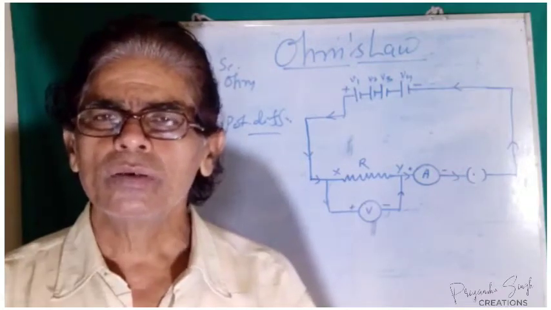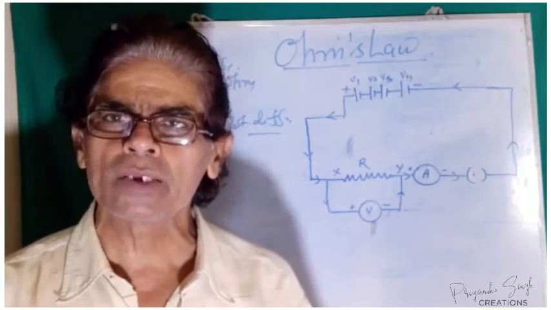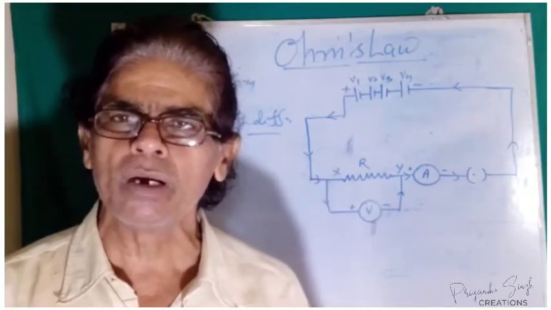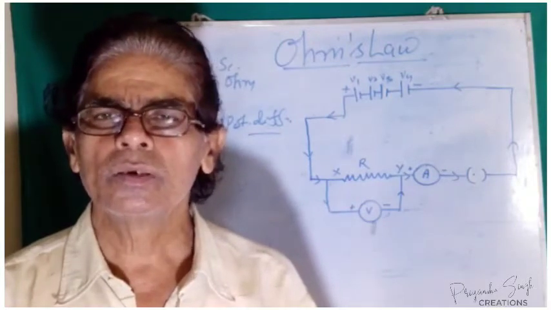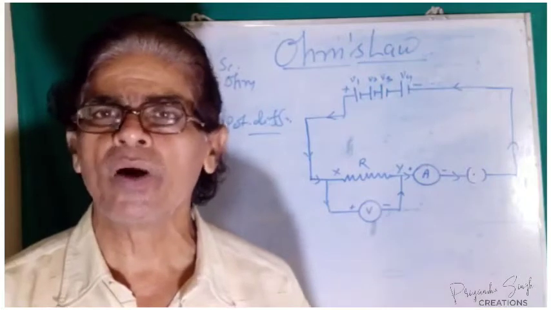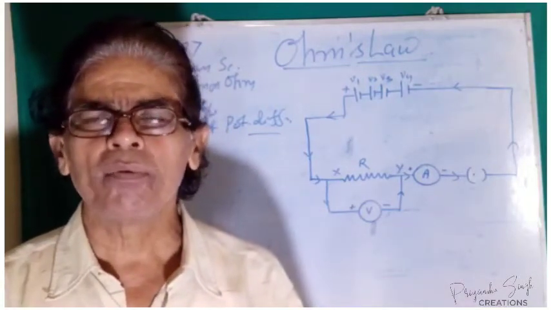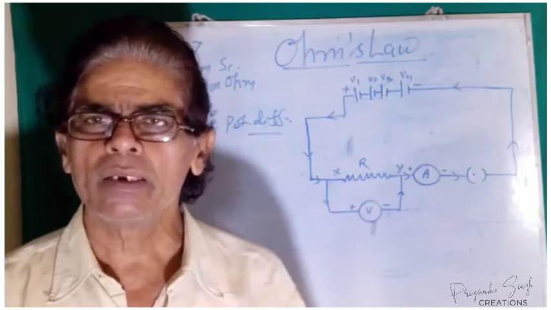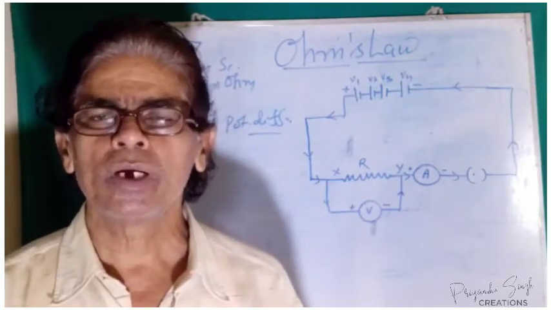It means when a unit positive charge is brought from the X terminal to the Y terminal, the work done is equivalent to the potential difference between the 2 points. You know that potential difference is denoted by V and current strength is denoted by I.